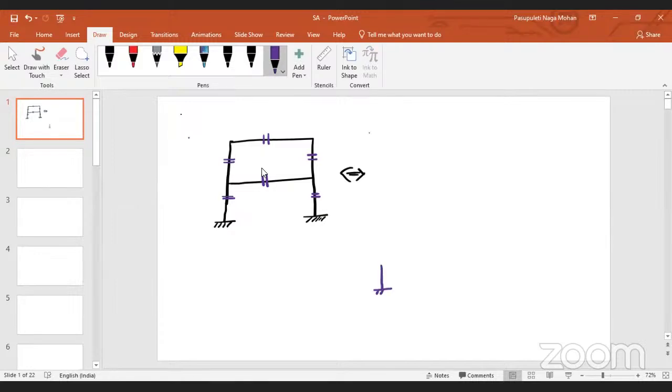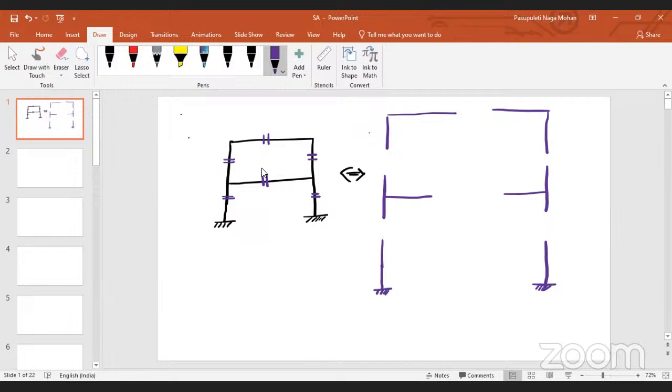So this is our first part, this is our second part, this is our third part, fourth one, fifth one, and then finally our final part. What we have done is that we have just divided this entire frame into different parts.